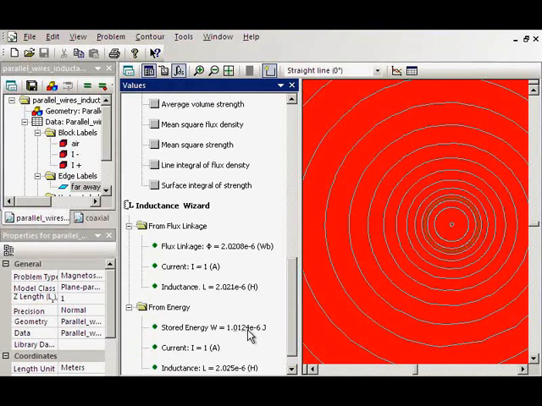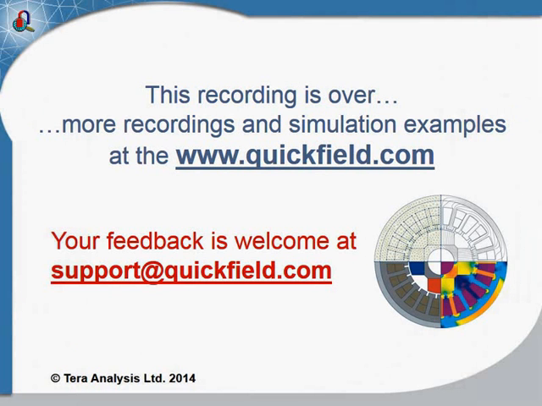There is no magic here. You can use either way, manual calculations or built-in wizards, to find the inductance value. Now let's move to the next example.